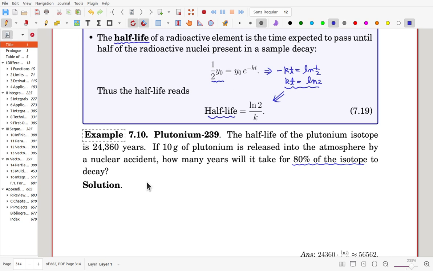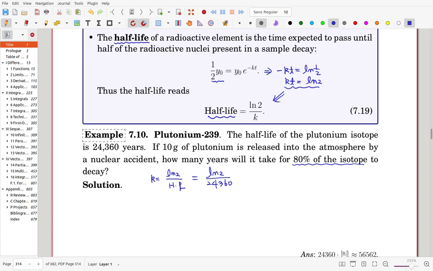Now, the first line is saying something about the half-life. We are using that equation to find k. So k must be the logarithm of 2 over the half-life, which is the logarithm of 2 over 24,360.